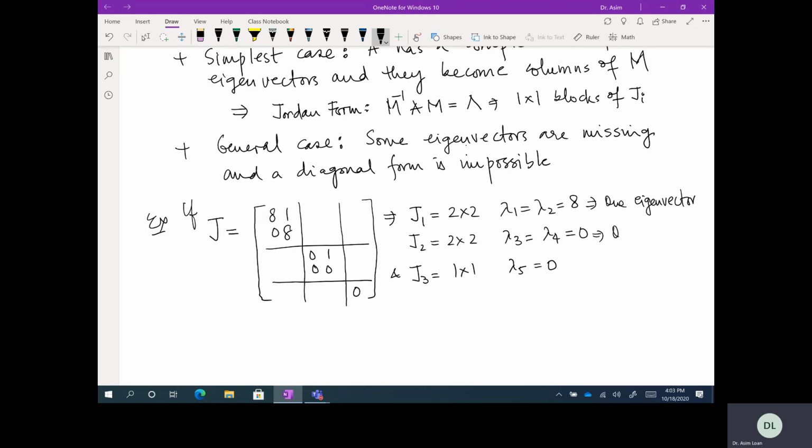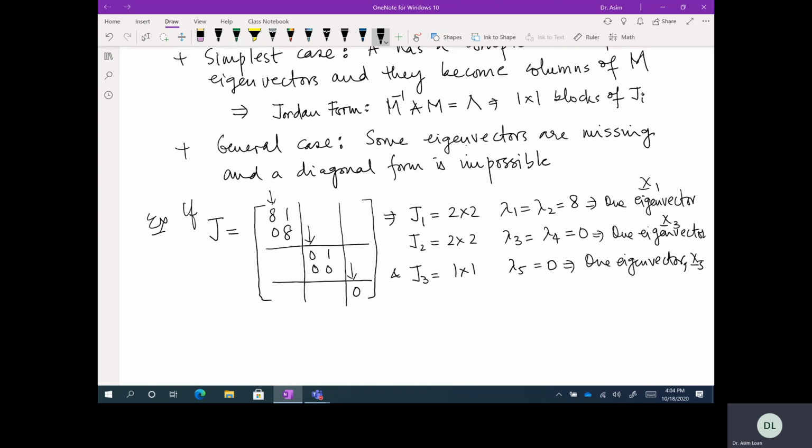This implies one eigenvector, and this implies one eigenvector. This will have eigenvector x1, then x3, and then finally x5.